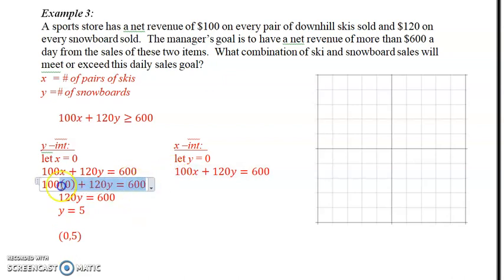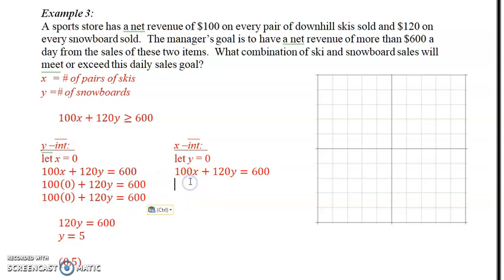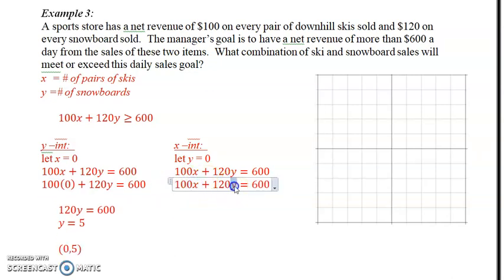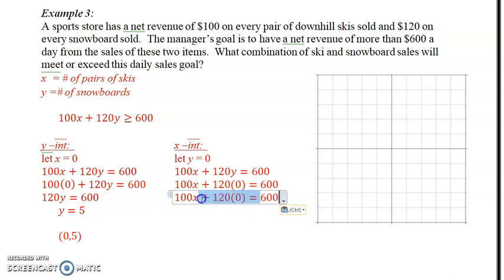So y is 0 this time. So that's going to give you 100x is equal to 600. And that allows you to get x equal to 6, dividing both sides by 100.